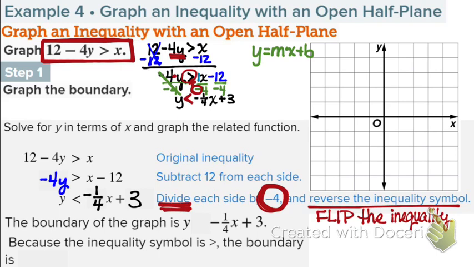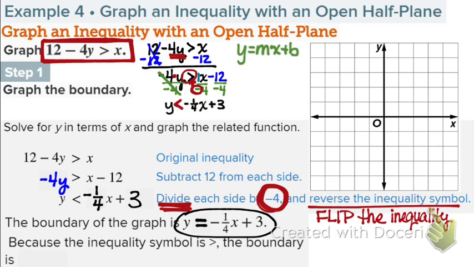All right. So my boundary line is y equals negative 1/4 x plus 3. The inequality has to do with where I'm shading, but my boundary line is y equals negative 1/4 x plus 3.